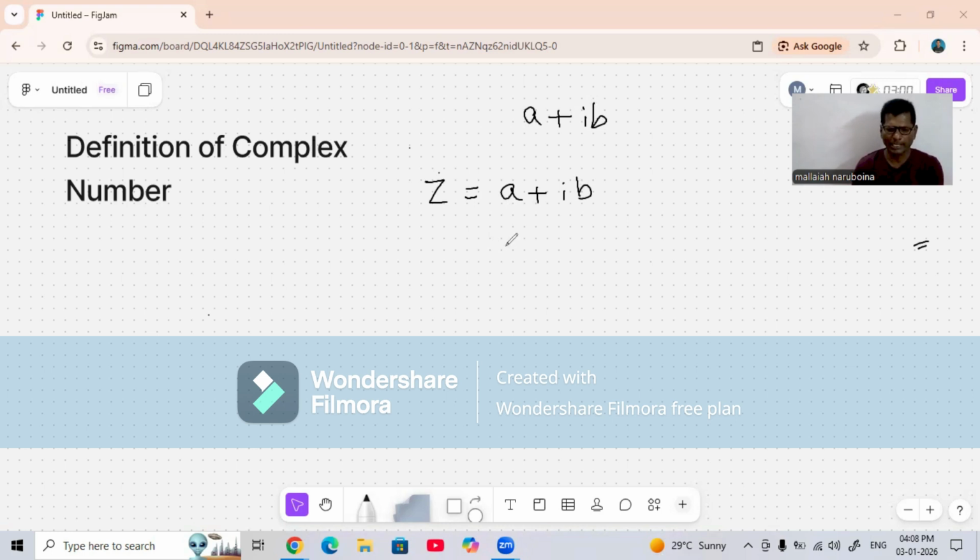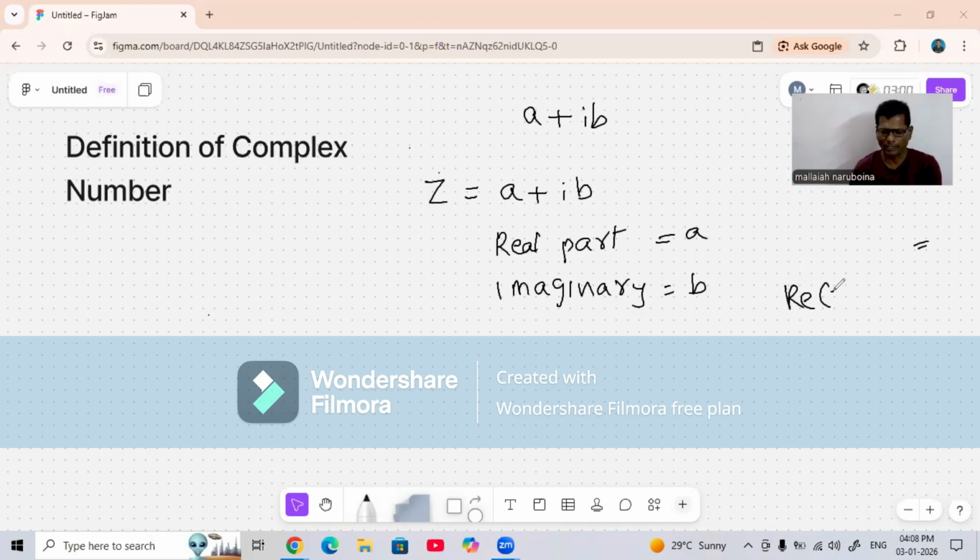Here, a is called the real part of the complex number and b is called the imaginary part. Symbolically, we write the real part as Re(z), that is a, and the imaginary part Im(z) is equal to b.